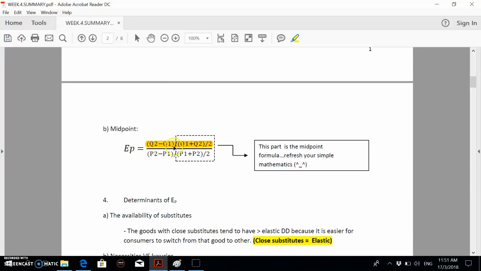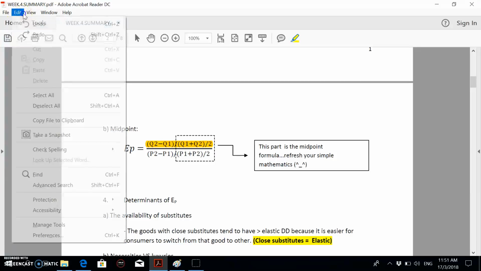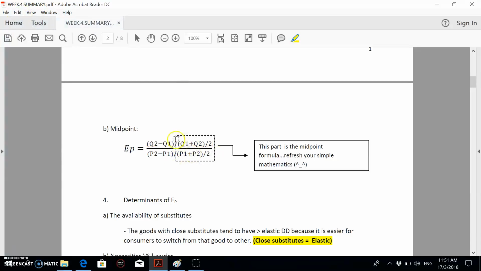Q2 minus Q1 over P2 minus P1 is the change. The only thing that is different is that in the midpoint formula, you use quantity 1 plus quantity 2 over 2, and P1 plus P2 over 2. Only this part.